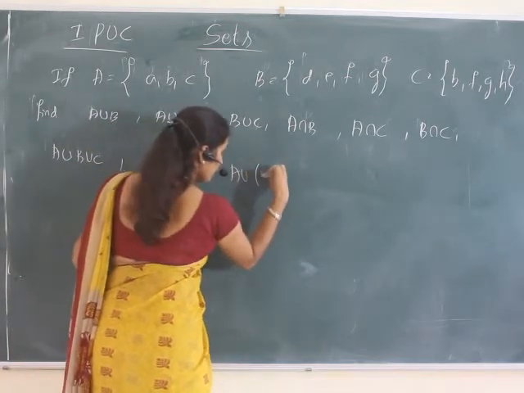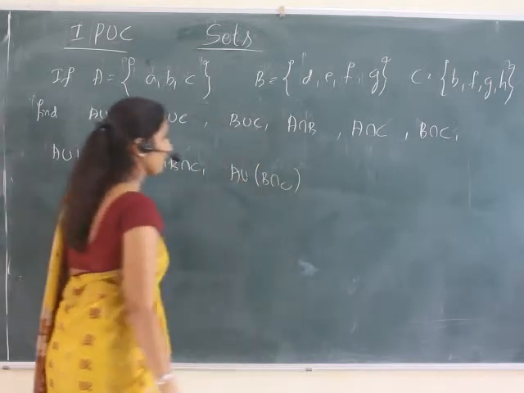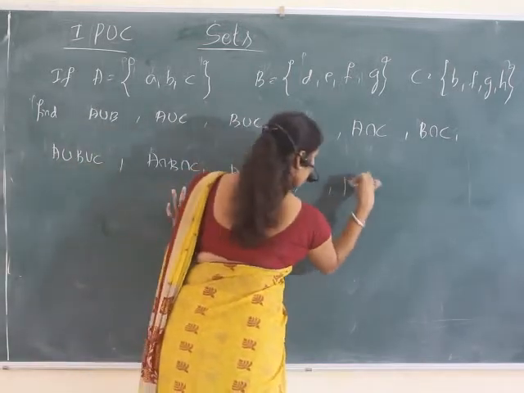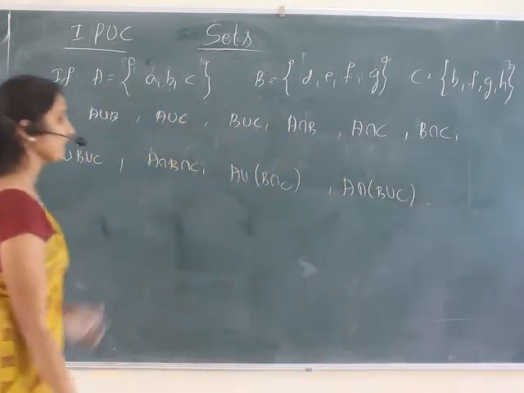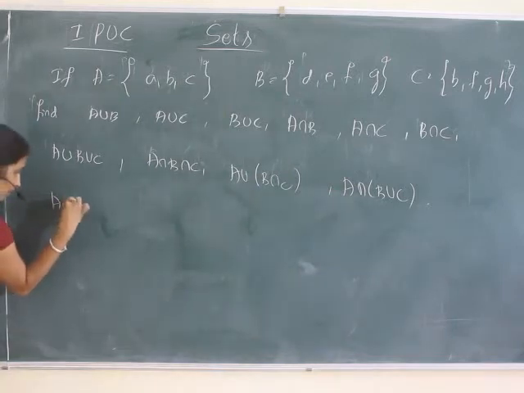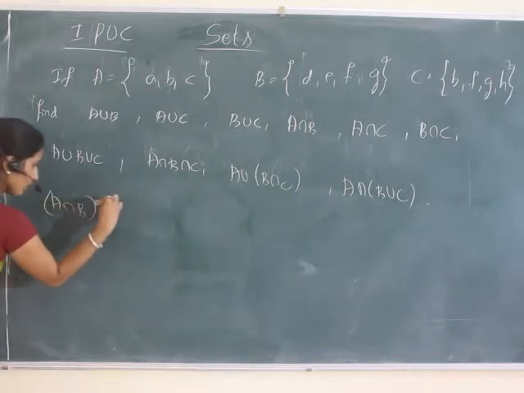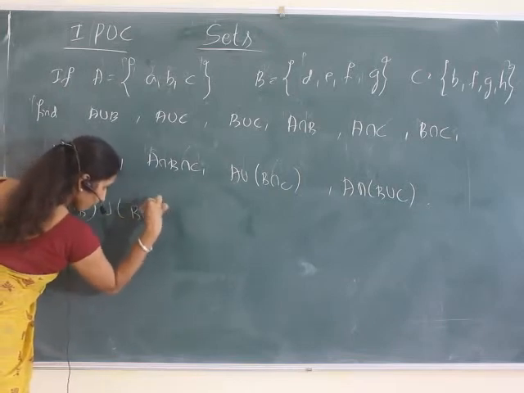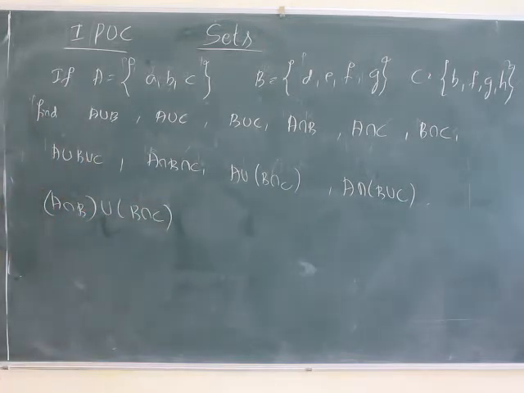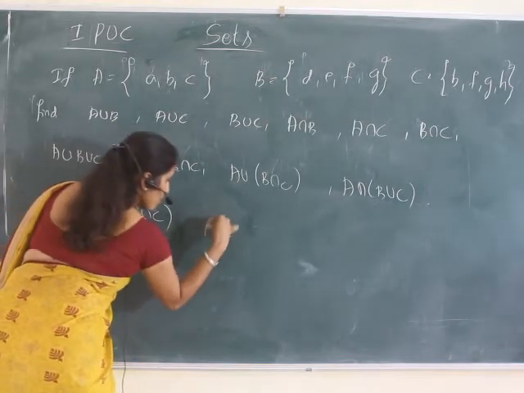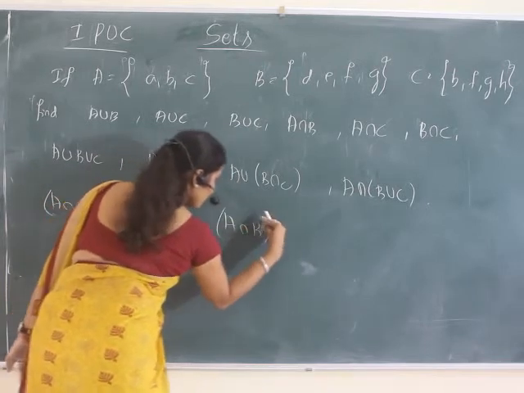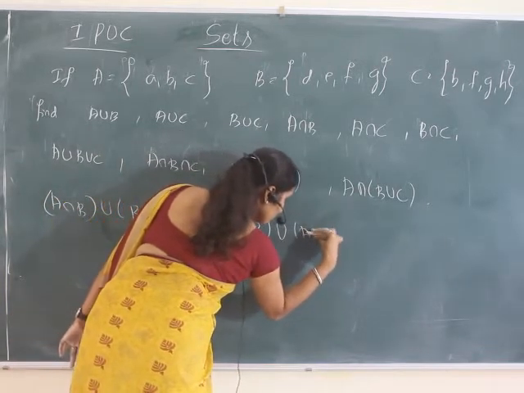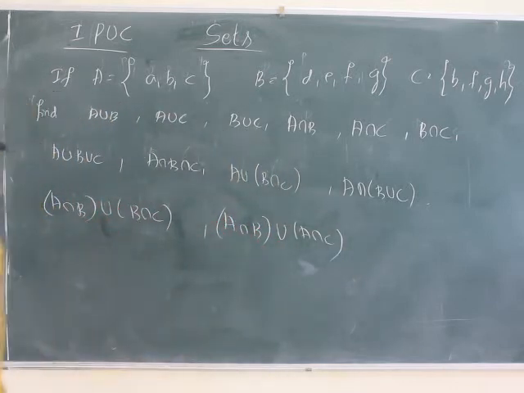A union B intersection C, A intersection B union C, A intersection B union B intersection C, or A intersection B, A intersection C. So this is a homework problem.